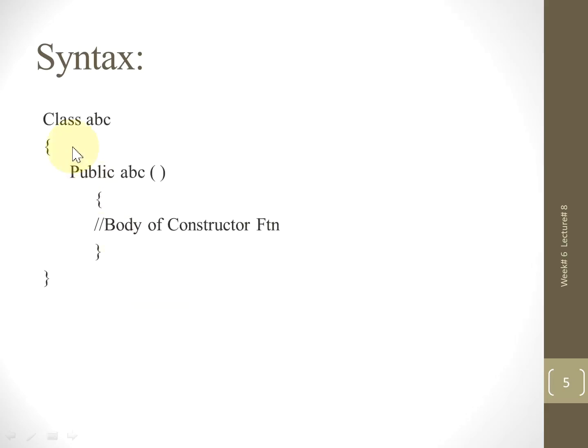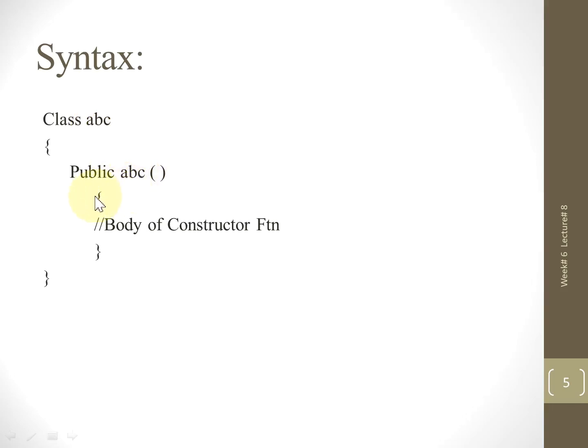This is the syntax. The class name is ABC, then the class body starts, then we have a public specifier and the constructor function name. As you can see, the function name and the class name are the same. Then there is no return type, and we can receive arguments. This time we didn't.